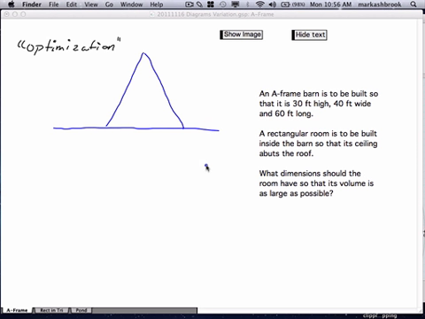So this is the start of it. So now what does the room inside look like?